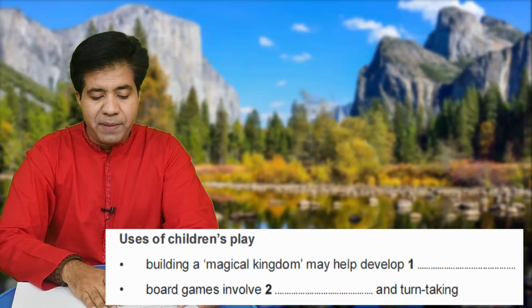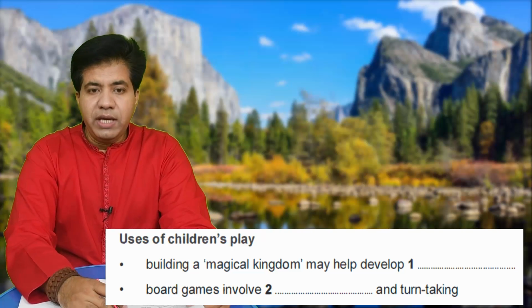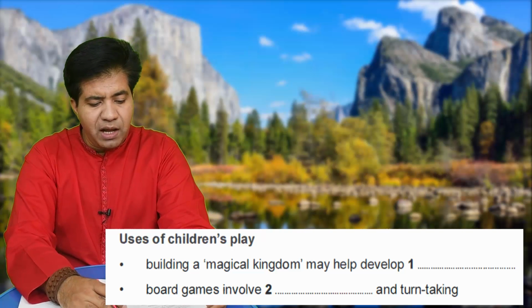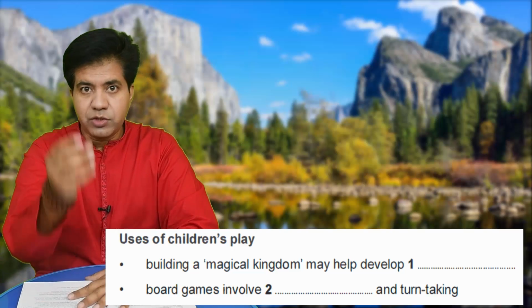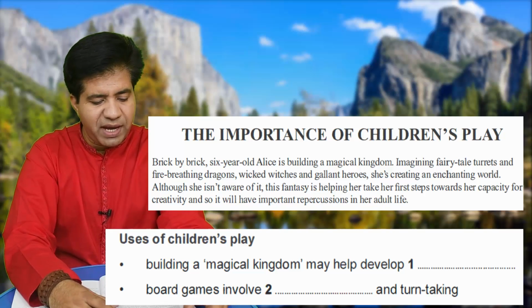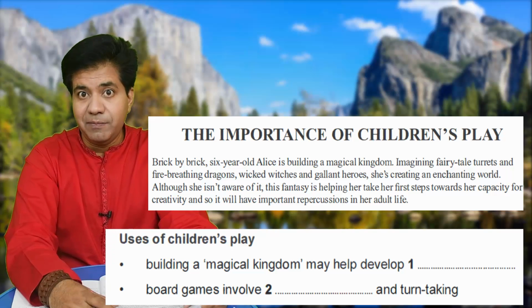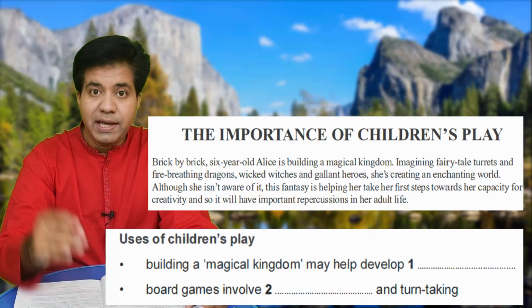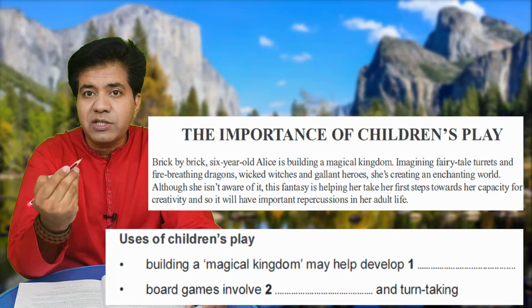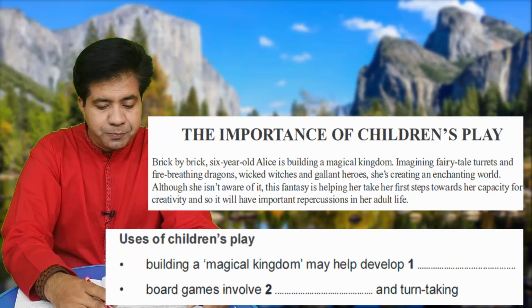Now let's just go back, and first of all we are going to look for the word magical kingdom. Okay, so now we see building a magical kingdom may help develop. Let's go back. You can see this paragraph. It starts by saying, brick by brick 6-year-old Alice is building a magical kingdom. Now may help develop, that's what we got to find. I'm reading it loudly so that you understand. When you read, you got to skim it actually.